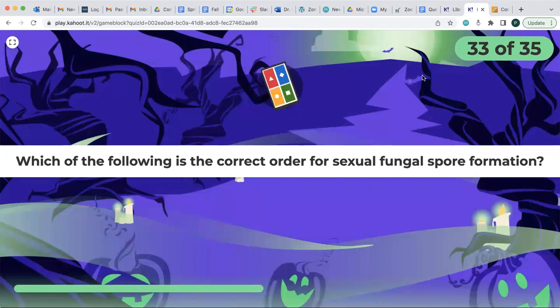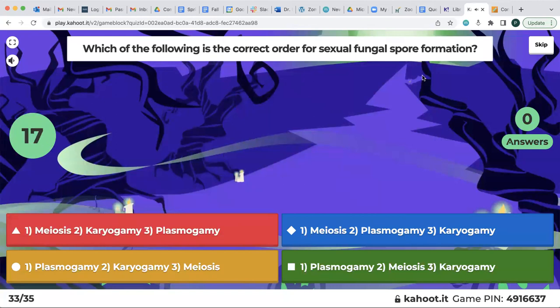I'm back. Which of the following is the correct order for sexual fungal spore formation? So there are 3 steps for sexual fungal spore formation. What is the correct order for them?